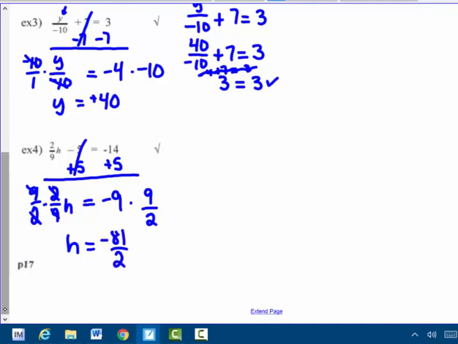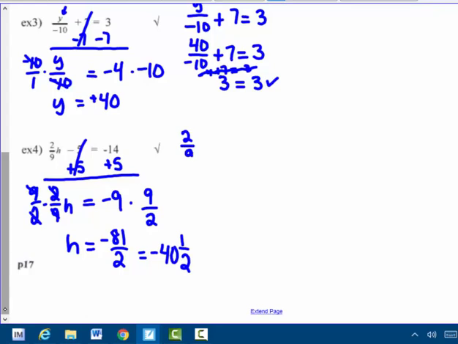Can't leave it like that, right? That's improper. So that equals negative 40 1/2. However, when I go to check this, I'm going to put it in as negative 81/2 because we don't multiply mixed numbers. We make them into improper fractions. And negative 81/2 is the improper fraction.